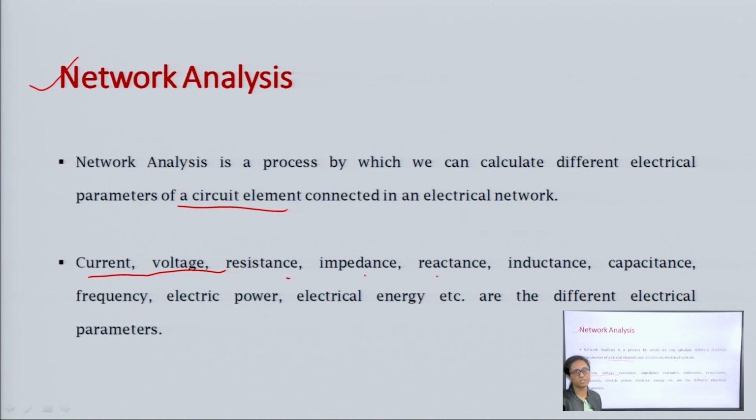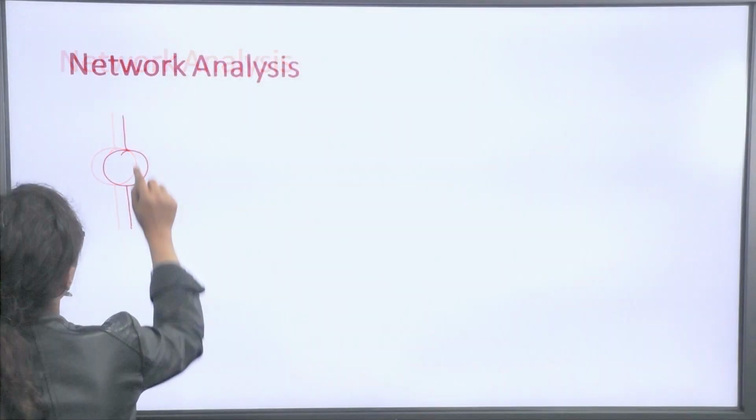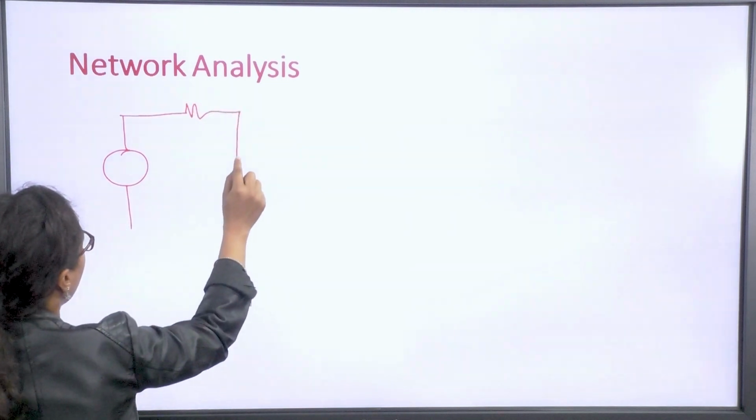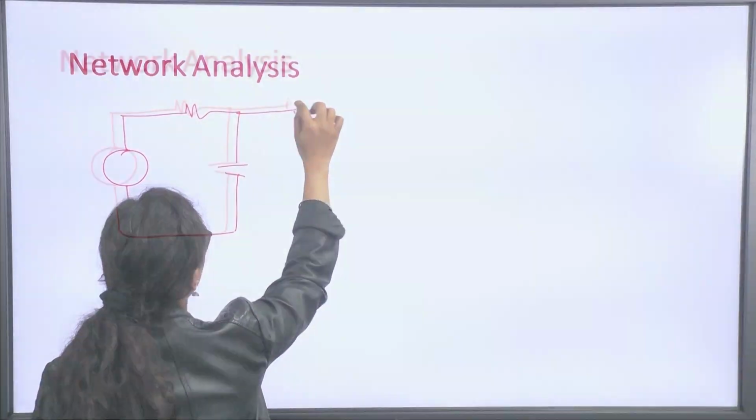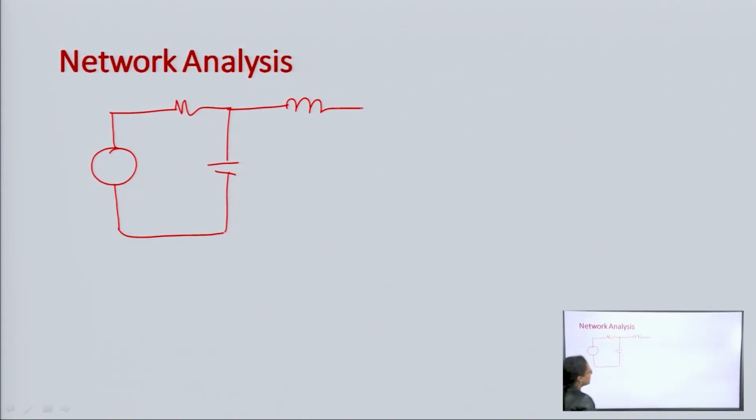The technique, the process, is called network analysis, right. So for example, I am just making a circuit. I can say this is a circuit, right. This is an AC voltage source, this is R, this is C and this is L, right.